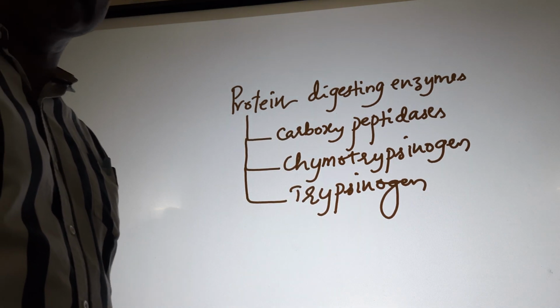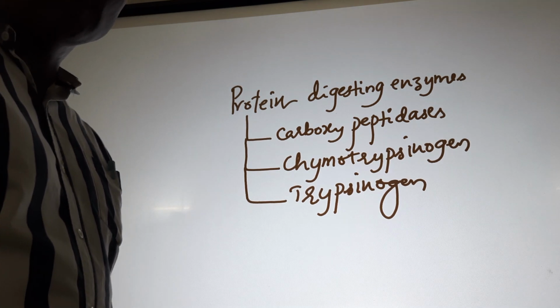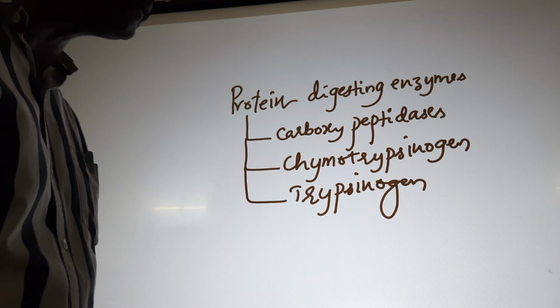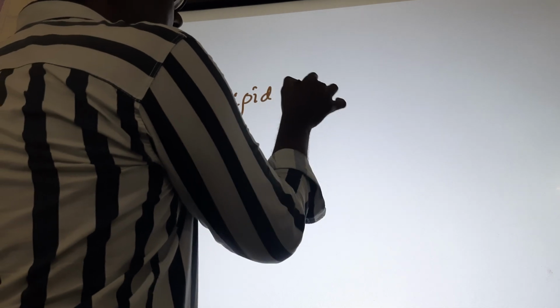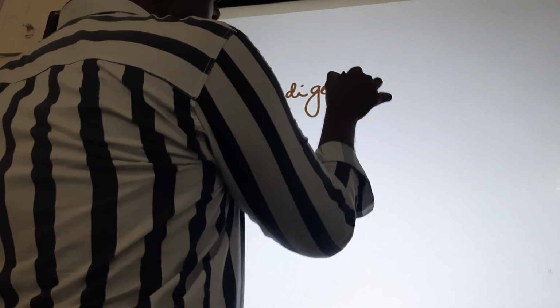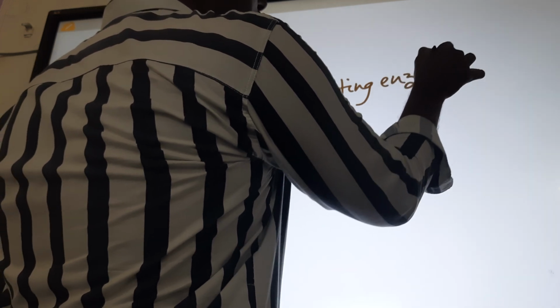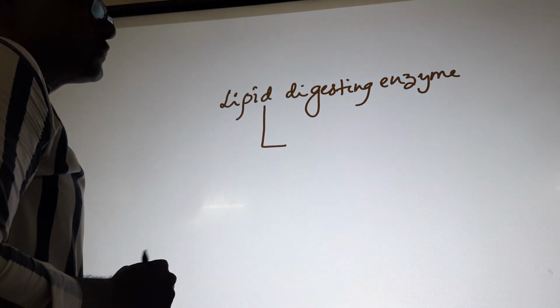What my aim is now, I have to prove that pancreas is a mixed gland, or say, heterocrine gland. Next, lipid or fat digesting enzyme. It is simply termed as steatocene.